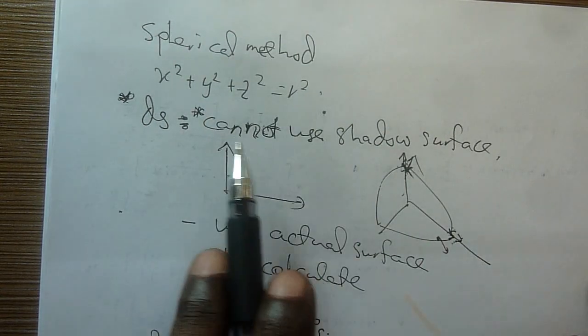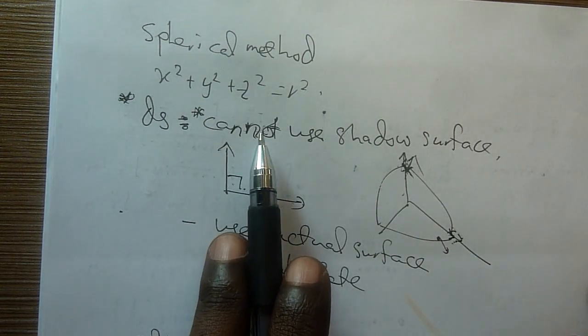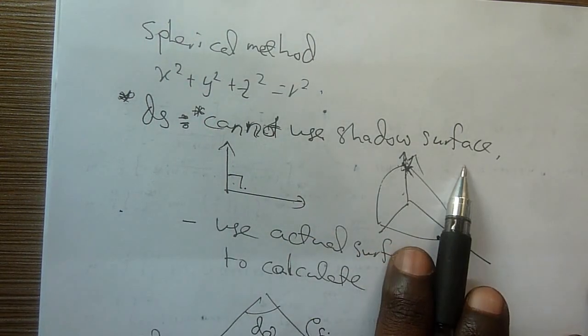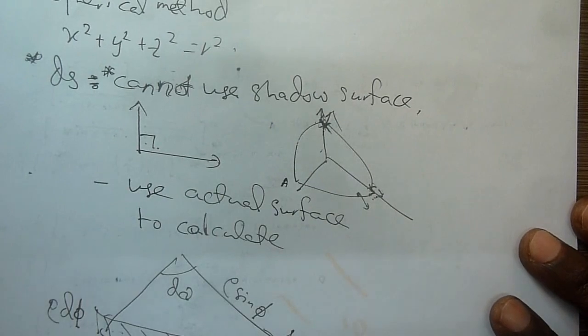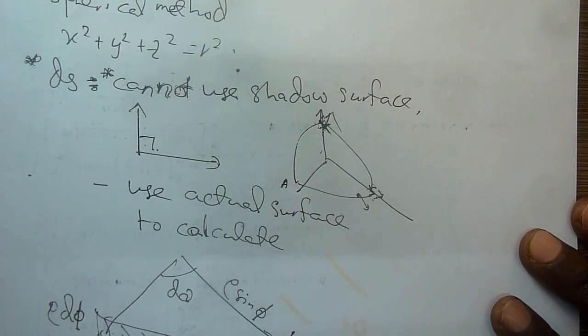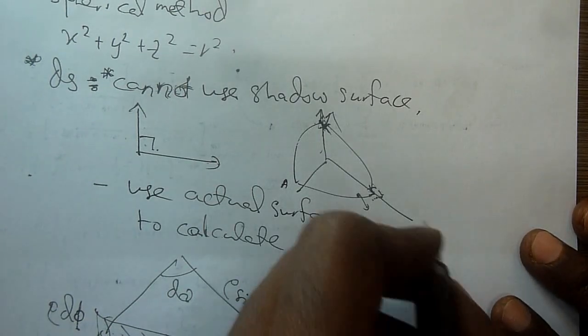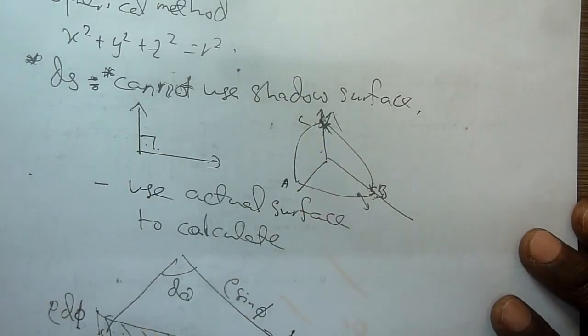It's a spherical method, therefore we cannot use the shadow surface in order to find the surface ABC.